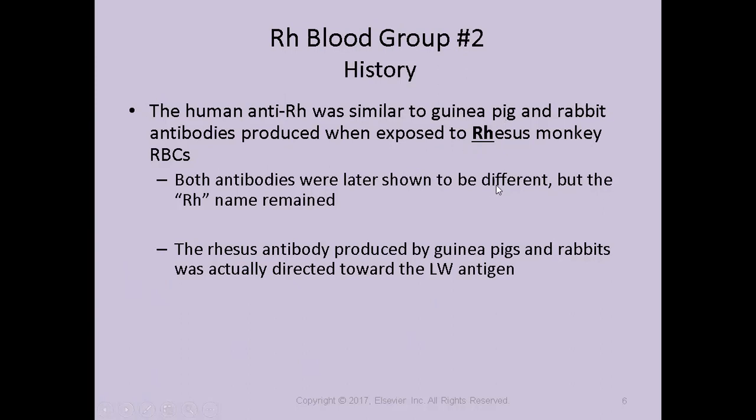Ironically, both antibodies were later shown to be different, but this RH name stuck. The rhesus antibody that was produced by guinea pigs and rabbits was actually an antibody directed against a different antigen called LW. So RH has stuck with this blood group system, and we use it today.